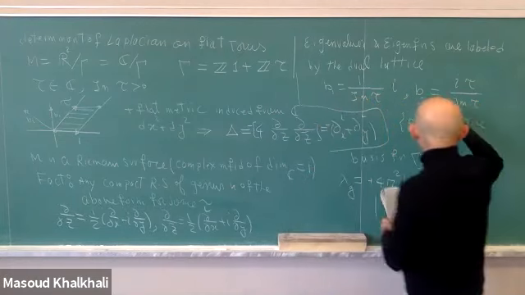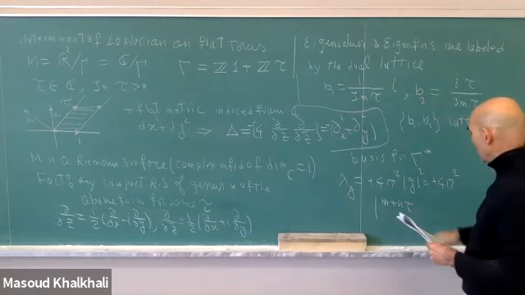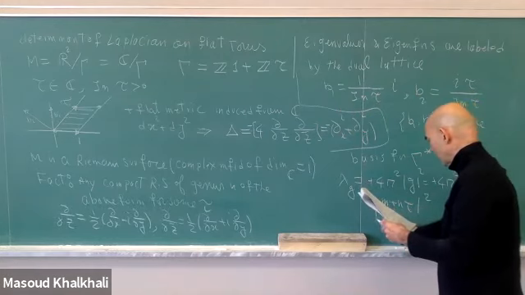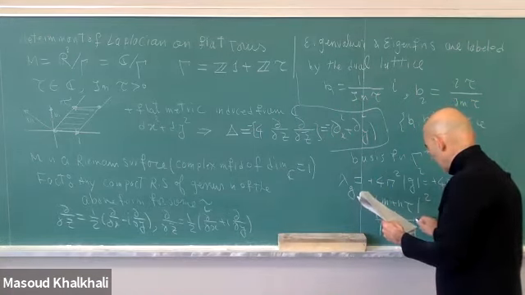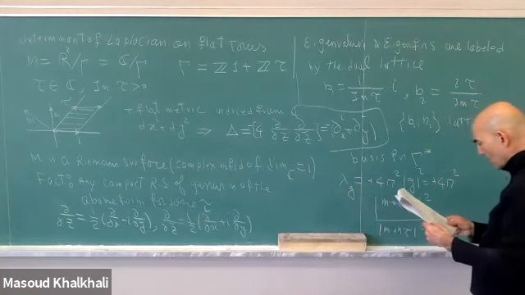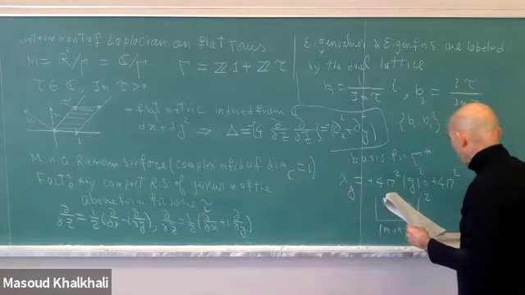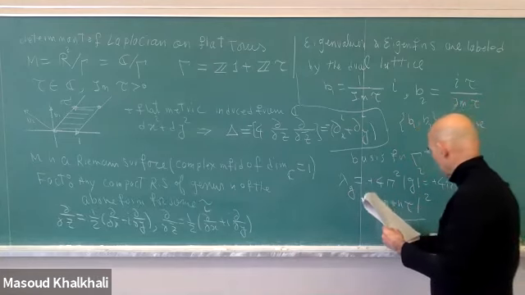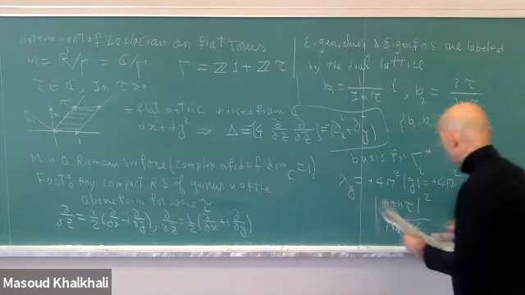If you take an integral multiple of this plus an integral multiple of that, and square it, you get this quantity, the absolute value of m plus n tau squared over the imaginary part of tau squared. This is a positive number anyhow.